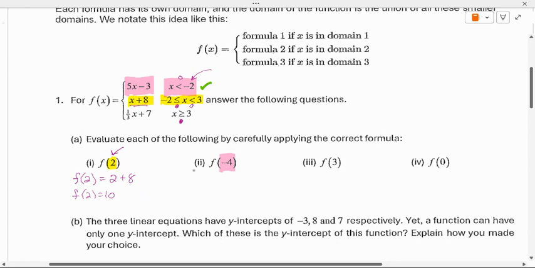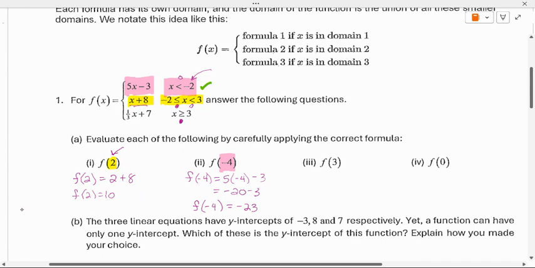So f of negative 4 equals 5 times negative 4 minus 3. 5 times negative 4 is negative 20, minus 3 is negative 23. So f of negative 4 equals negative 23.